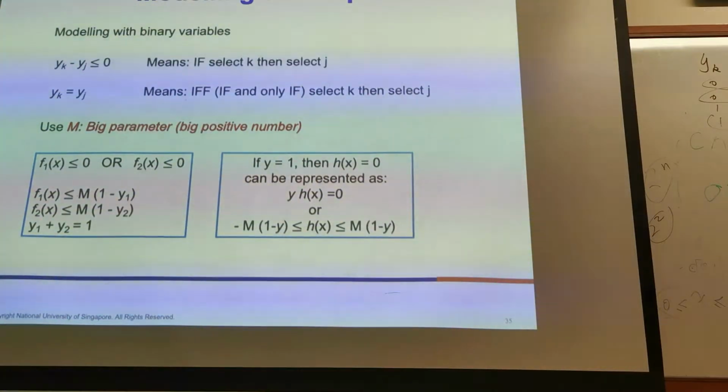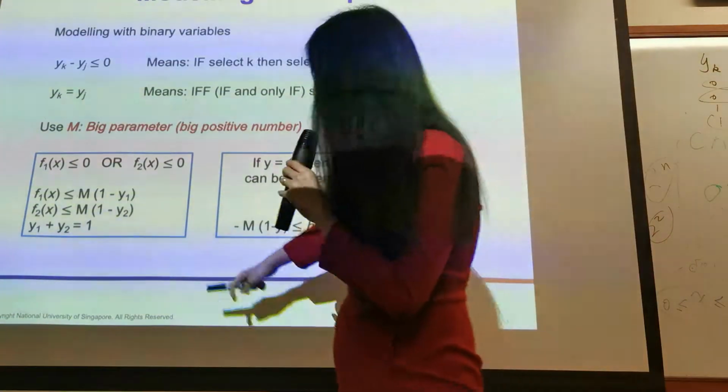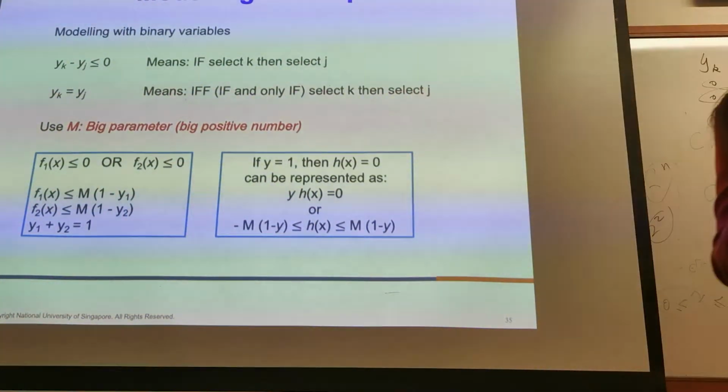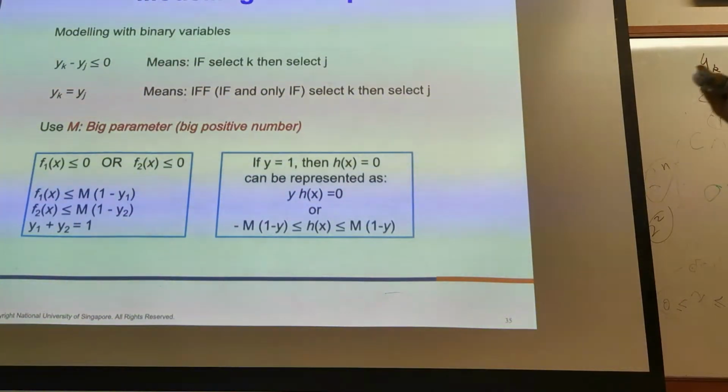It's a big positive number. Then you can use this big M to model some relationship. Some initial relationships might be different, might be complex, but then you can use the big M to model the different relationship.